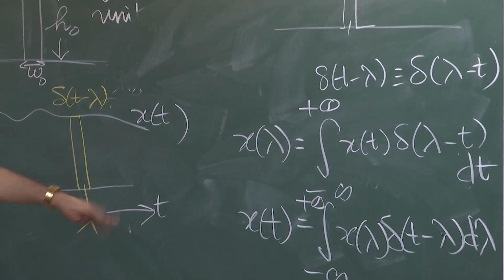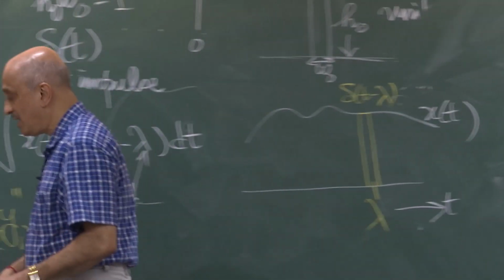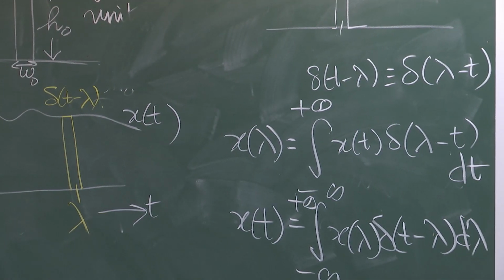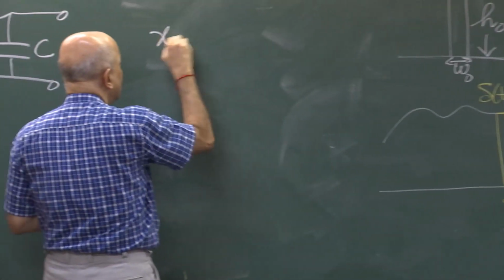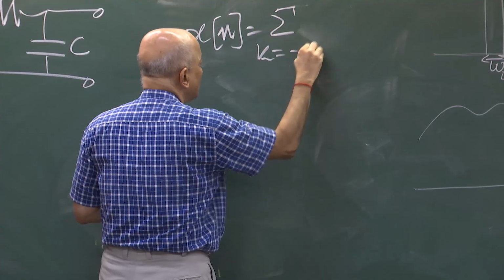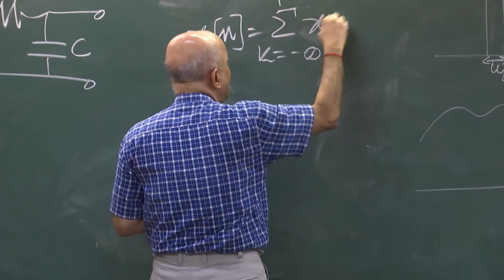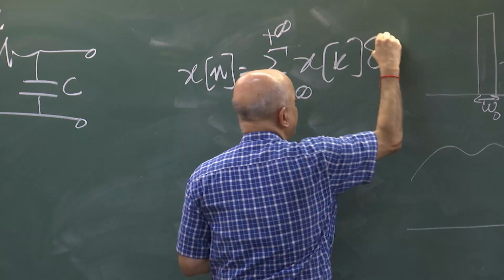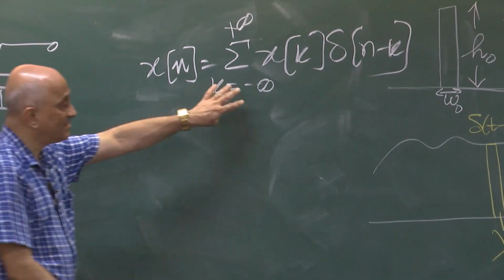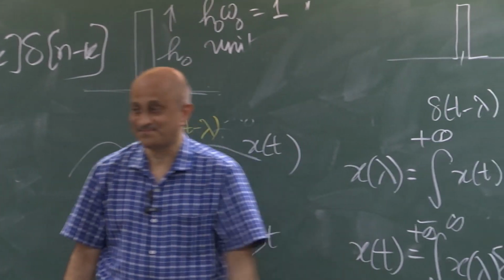Now, look at this expression and look at the expression that you had for discrete time. What was the expression you had for discrete time? You said x of n is summation k going from minus to plus infinity x k delta n minus k. Is that right? Compare this and this.